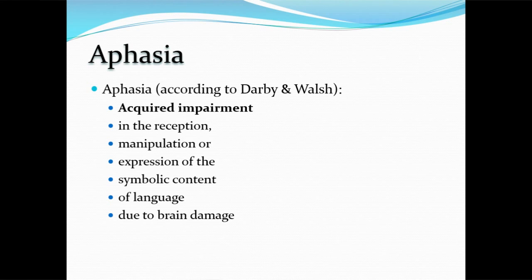So let's just break that down a little bit. By acquired impairment, what that really means, and this is important for us, is that it didn't exist before. So if a child is born with a language difficulty, you can't later say they have aphasia. So aphasia is an acquired impairment.